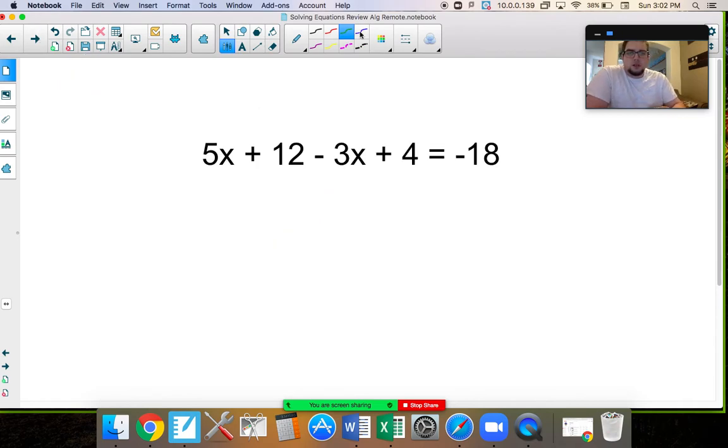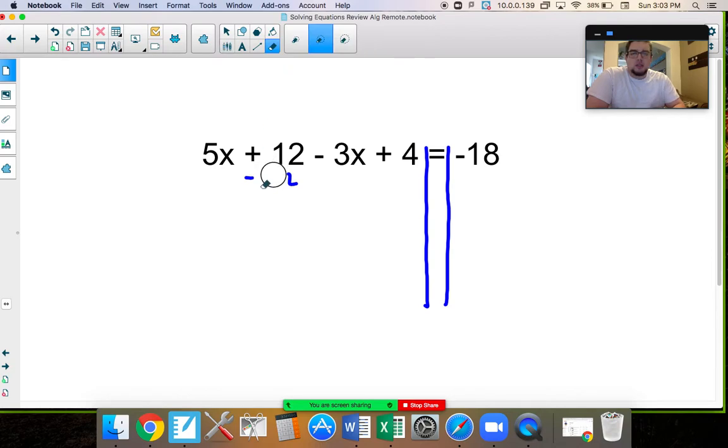Maybe before we start, we have some like terms we have to combine. For me, when solving equations, before I get one side to start talking to the other, I make sure each side is as simple as possible.